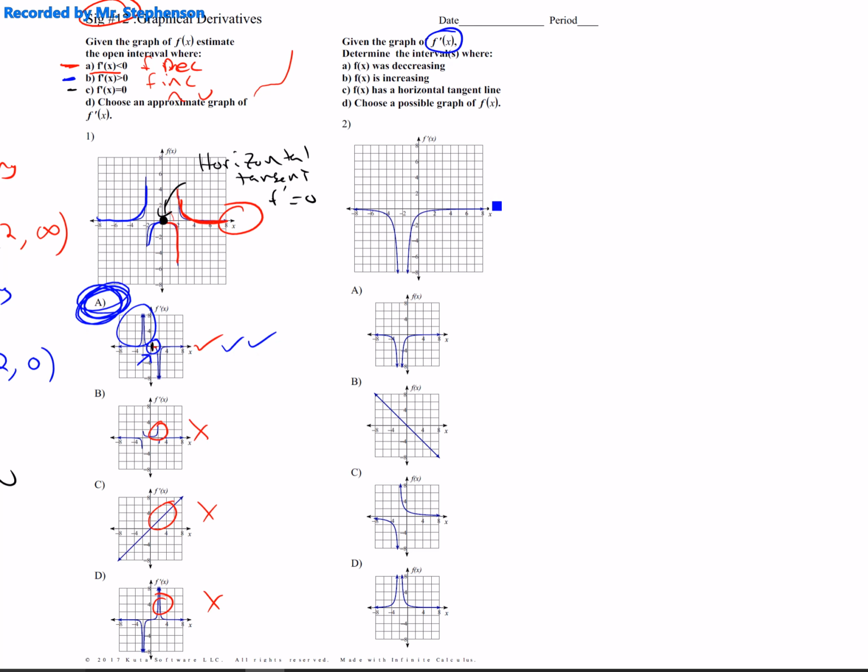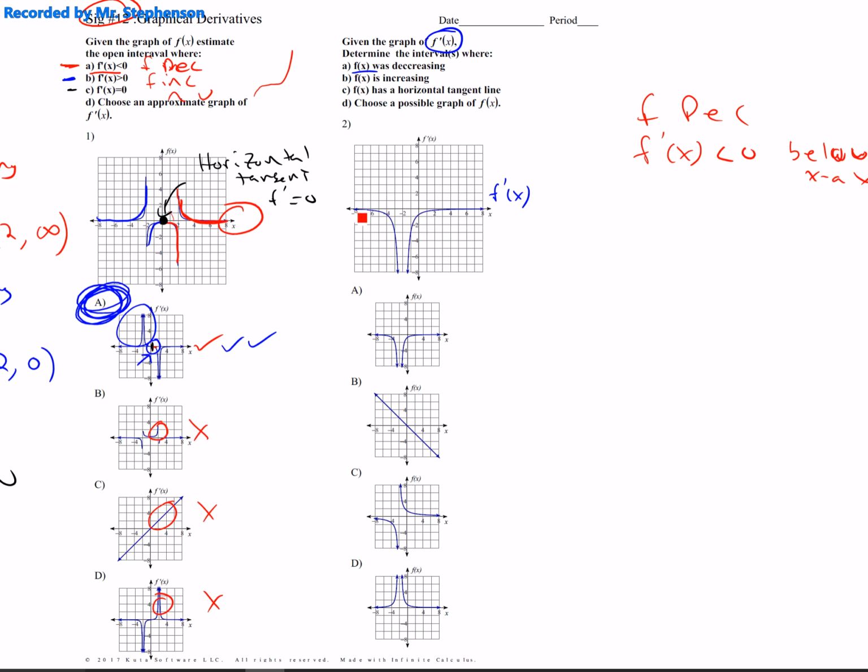This time we're given the graph of the derivative. We want to know when f was decreasing. Let's color code this. f is decreasing when f prime of x is less than 0, when it's below the x-axis. So when is this below the x-axis?